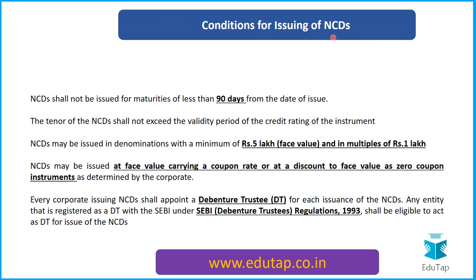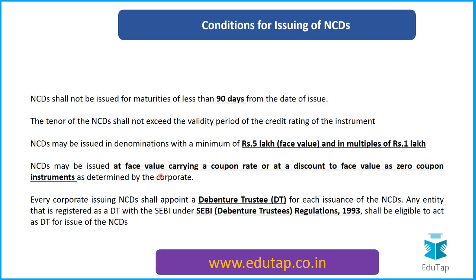What are the other conditions for issuing NCDs? First, the maturity should not be less than 90 days. In case of commercial paper it was 7 days, but in case of NCD it is a minimum of 90 days. The minimum denomination is 5 lakh, the same as commercial paper.